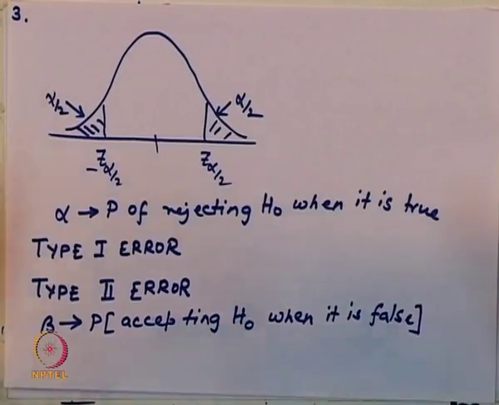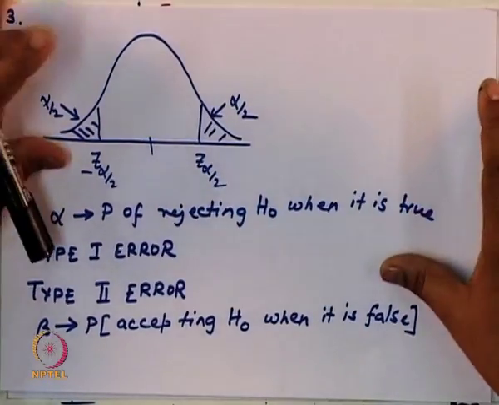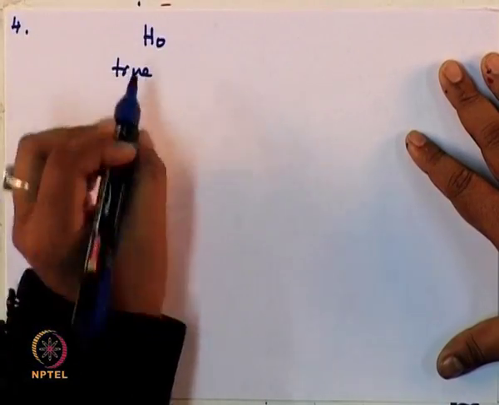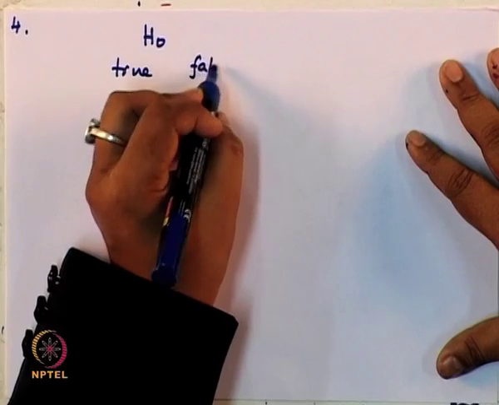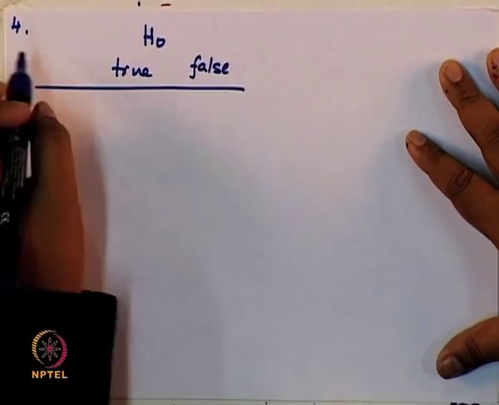So, you would imagine that the true effectiveness of a test will depend on both of your choices of alpha and beta. So, if I were to write down this plot again, let us say you have H naught is true or H naught is false, and you have a decision.